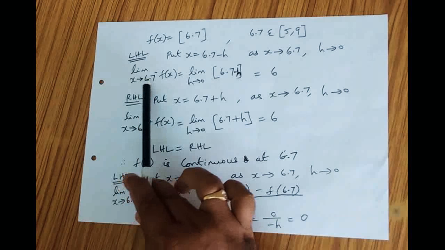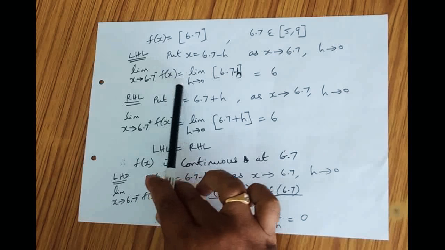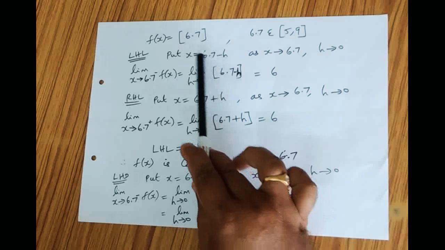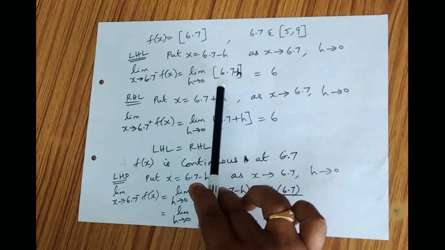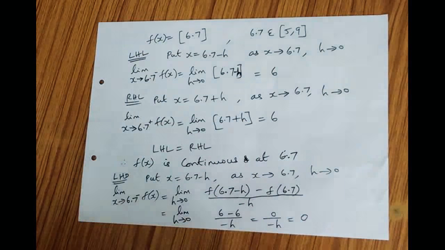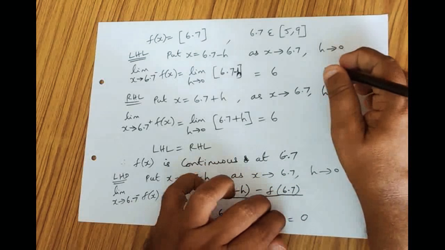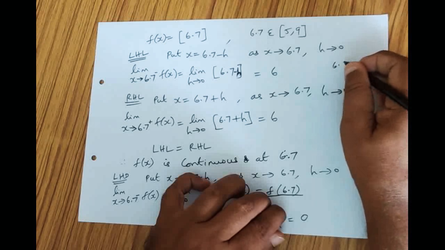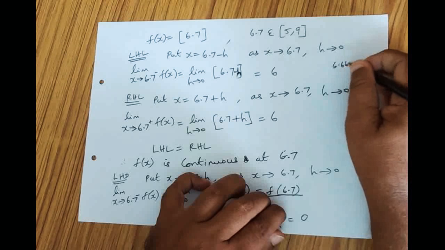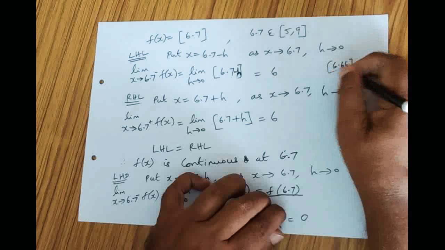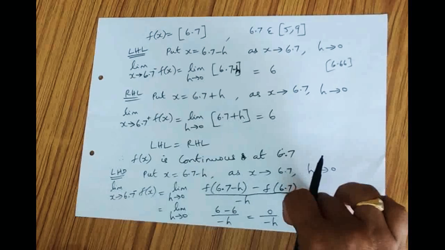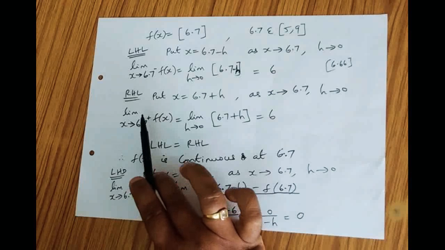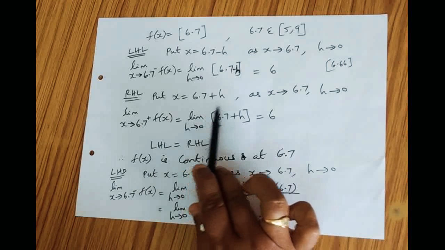As x tends to 6.7, h tends to 0. So limit x tends to 6.7 from the left, f of x is equal to limit h tends to 0, substituting 6.7 minus h here. It becomes 6, because 6.7 minus h is nothing but some values like 6.66, and the greatest integer of 6.666 is 6. RHL: put x is equal to 6.7 plus h.